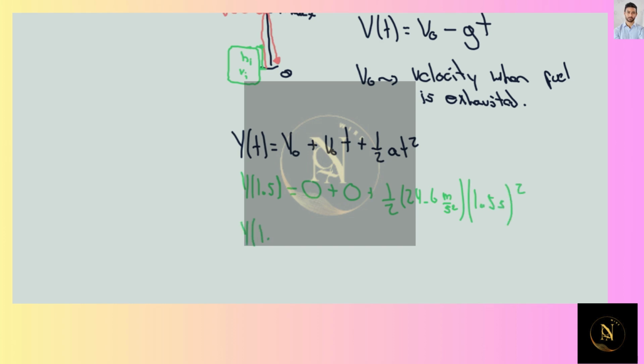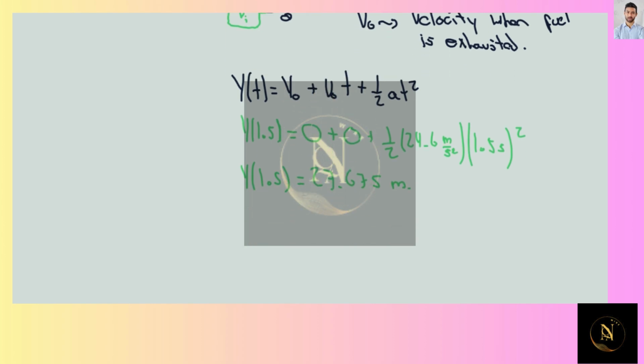So the height at this point would be equal to 27.675 meters. At this point as well, the velocity that we're going to have would be equal to initial velocity plus acceleration times time. So in this case, the initial velocity is 0.